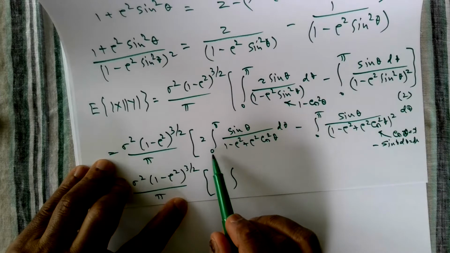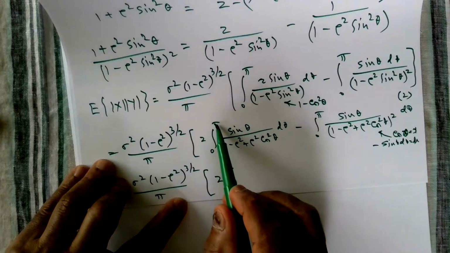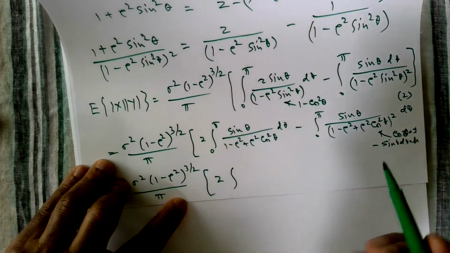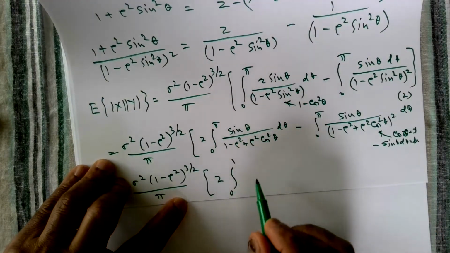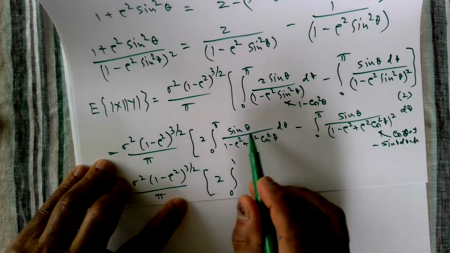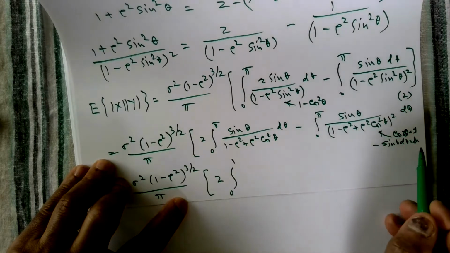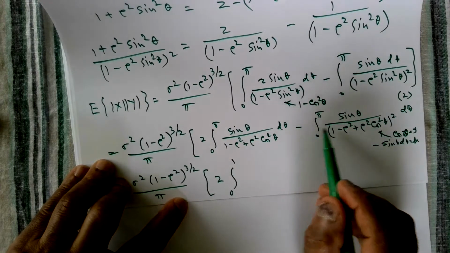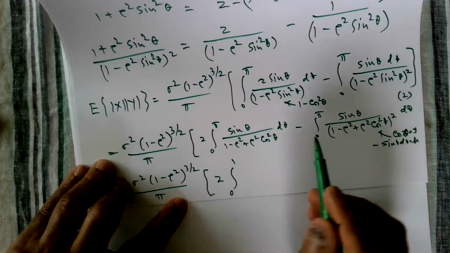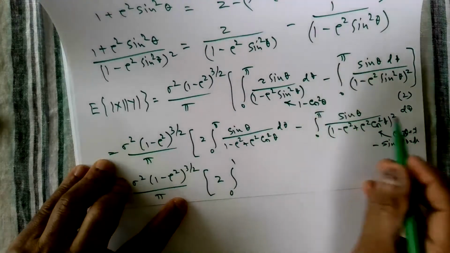So when cos theta is 0, the lower limit is pi and the upper limit is 0. With the minus 1, the limits will flip. So this is 0 to 1. Minus sine theta d theta is dx. So this term will come first. I'm going to put this term first. So this is 0 to 1.